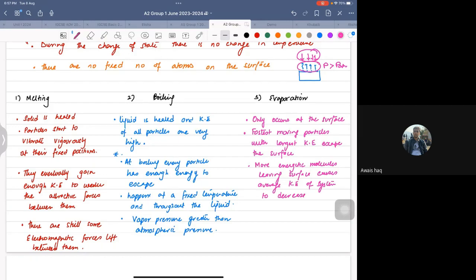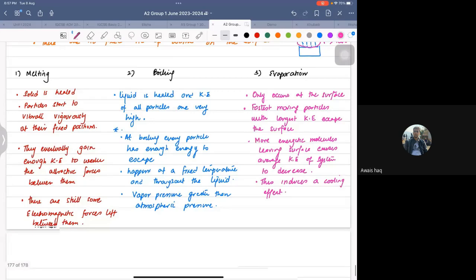This is the reason it causes a cooling effect, right? So this induces a cooling effect, right?